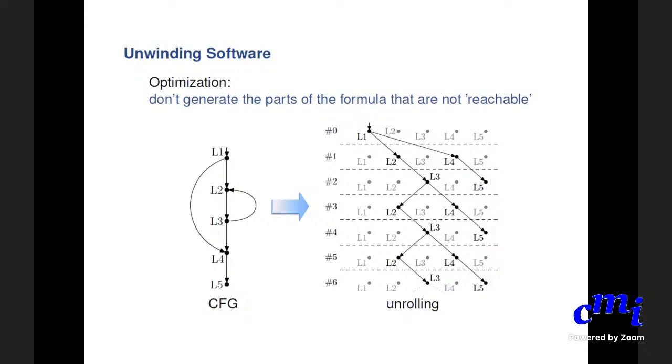Okay, so for example, from L1 you can only get to either L2 or L4. From L2 you can get to only L3. From L3, of course, you can get to either L2 or L4.